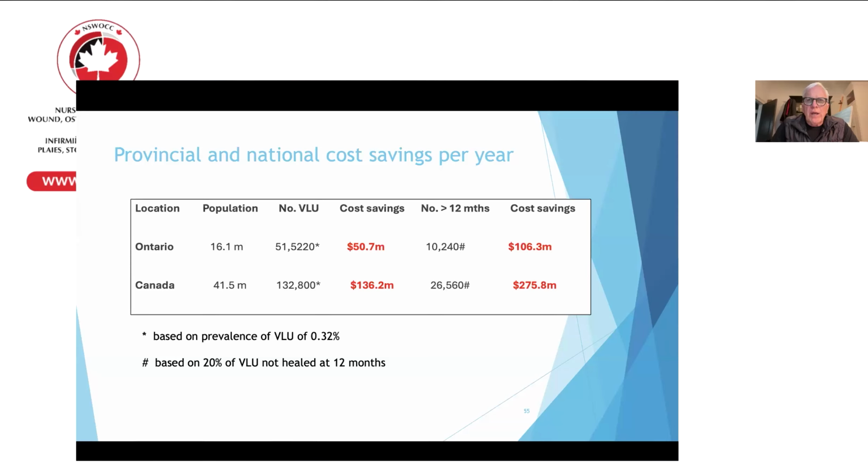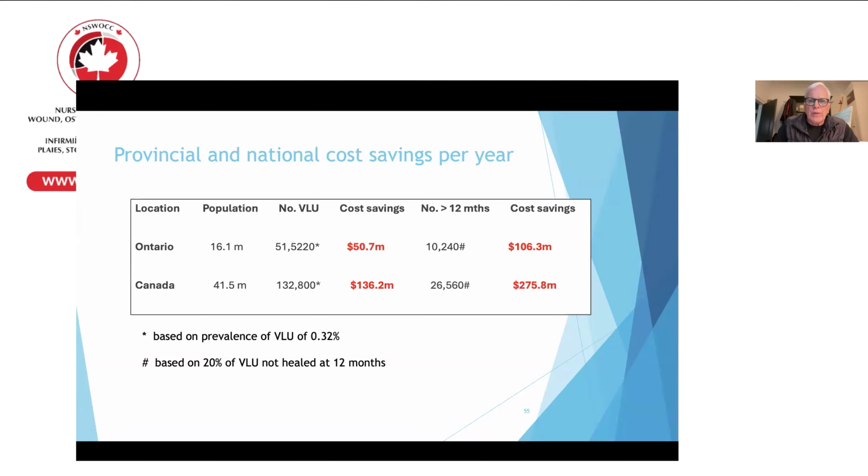But then if we think about using it continuously in those who've had wounds for greater than 12 months, then there is an additional cost savings of more than 100 million in Ontario and 275 million across Canada.